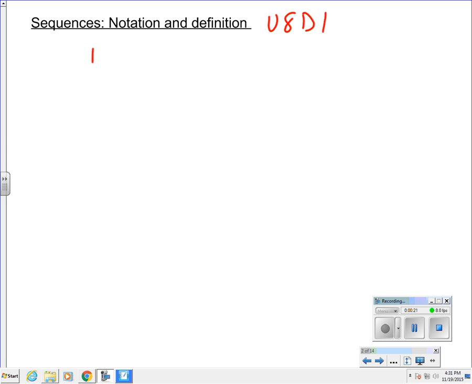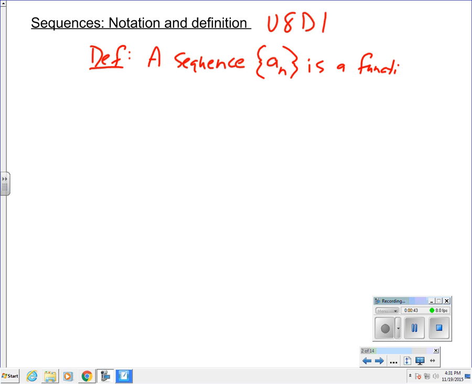So first thing we'll start with is the definition. A sequence, and this is our notation we have, a_n, is a function whose domain is a set of positive integers.